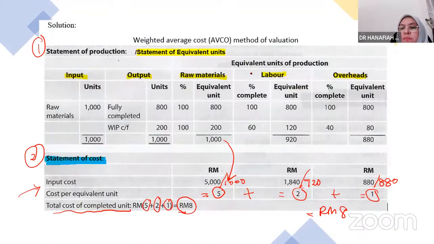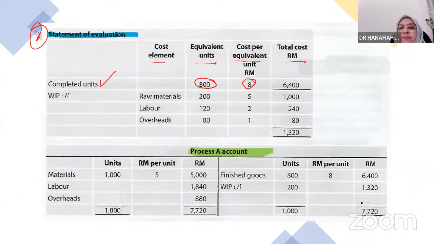This is where you obtain that from the statement of cost. You transfer it here. All right, 800 times 8 is equal to 6400.